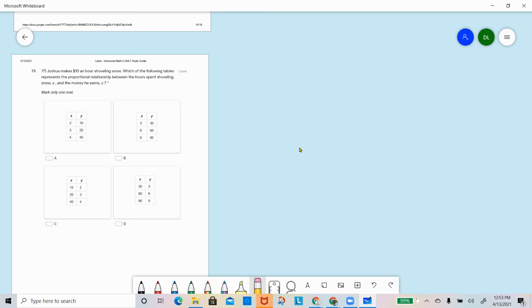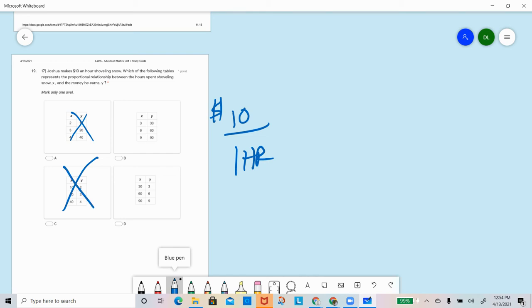It's 1 hour for $10. Wait a minute, it's 1 to 10. How can we have 2 to 10? Can't be right. 3 to 30, 6 to 60, 9 to 90. Sounds like a 1 to 10 to me. 10 to 2, not 1 to 10.